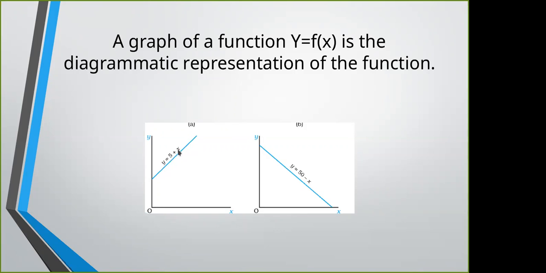That means for every value of x, there will be one and single value of y. In this case, if x is 0, then y will be 5 plus 0 is equal to 5. So that's why this graph has started from here.